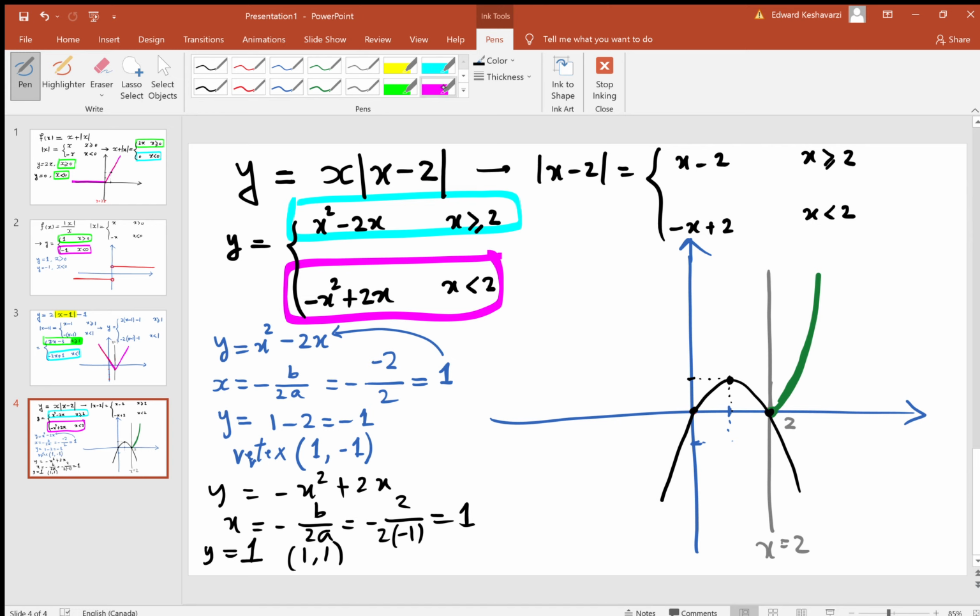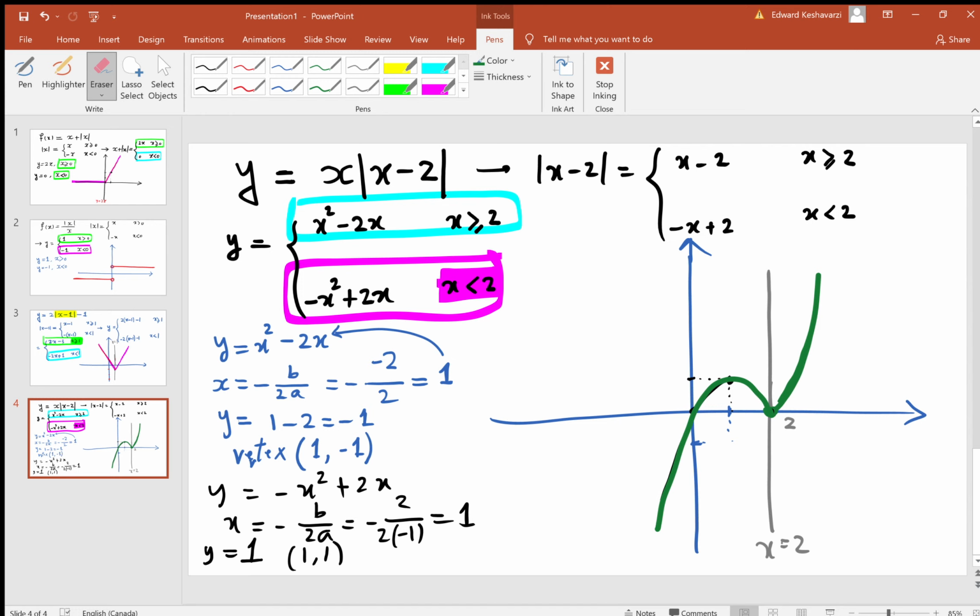The restriction attached to this function is x less than 2, so it means we need to keep the left side of the gray line, which is x equals 2. So we keep this one and we erase the rest of that.